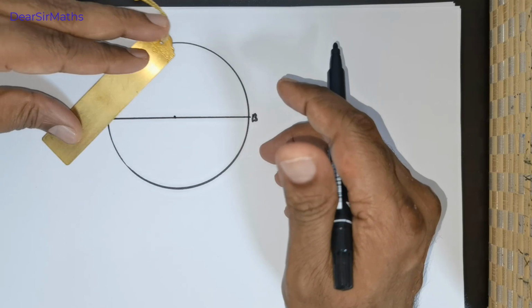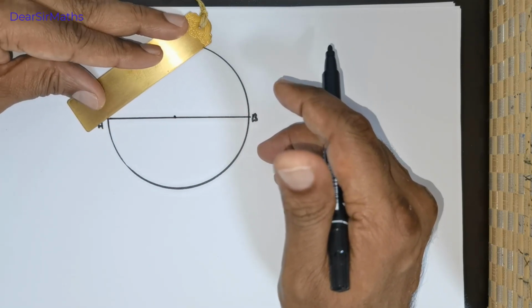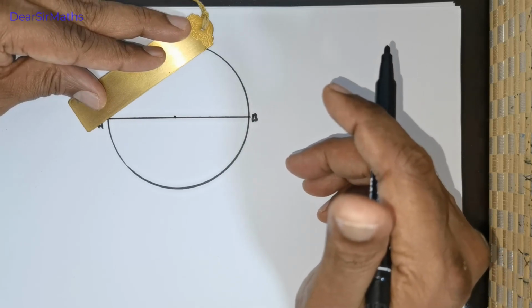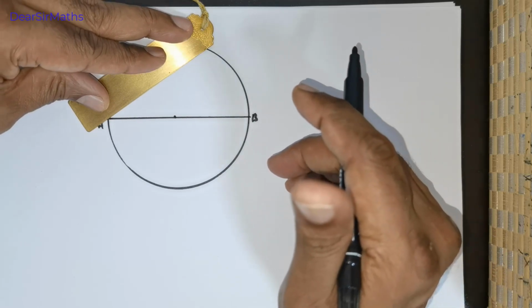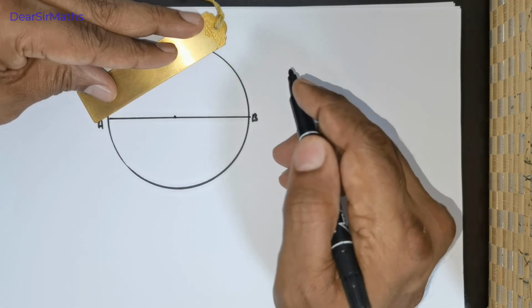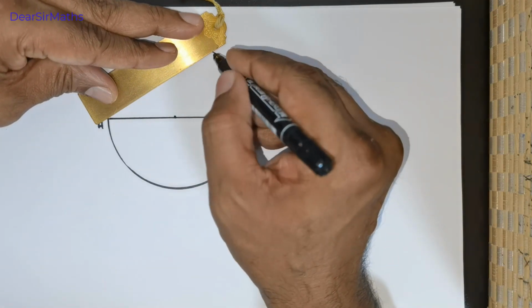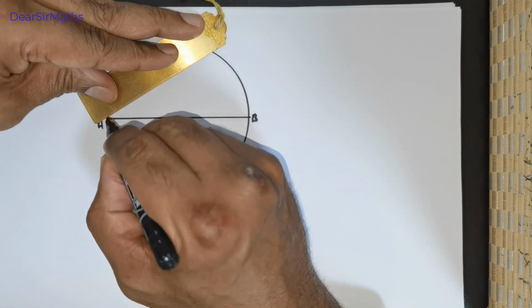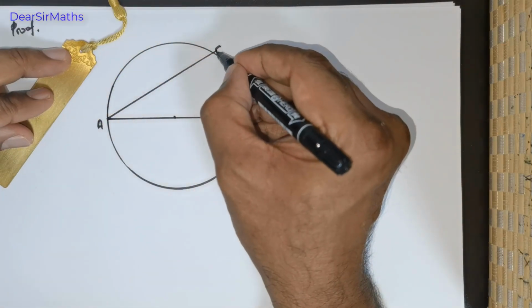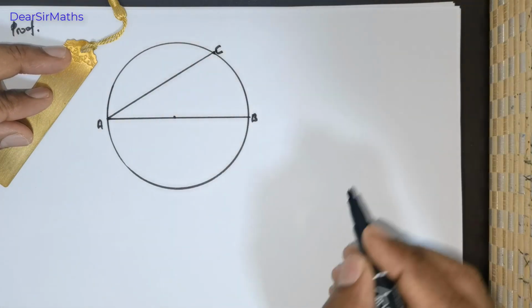Now from the point A there is a hit on the side, or I should say on the circumference of the circle. So I need to draw that hit. So from A there is a hit, so I'm going to take this point as C.